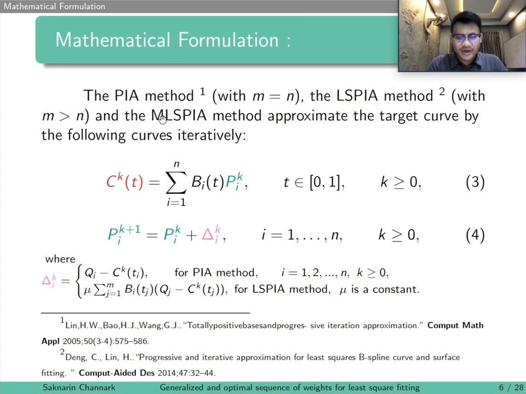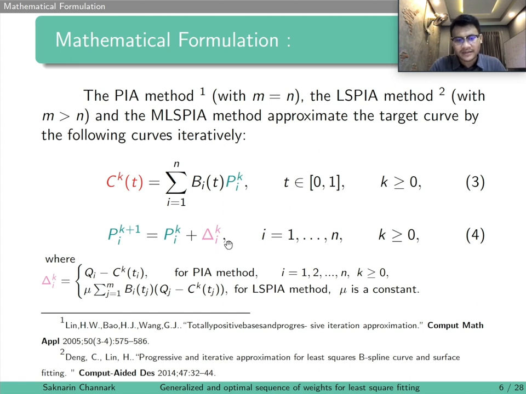The three methods can approximate the target curve by the following curve in equation 3. From equation 3 we have the control points P_i^k, and in equation 4, we compute the new control points P_i^(k+1).